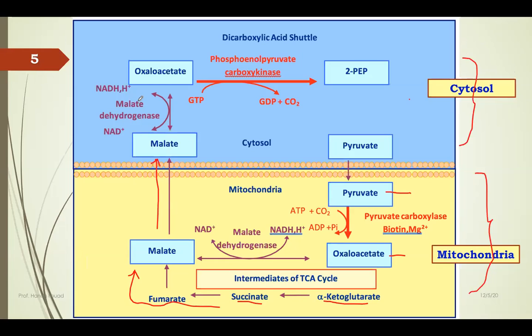And then we have another enzyme, which is also found in the citric acid cycle, called malate dehydrogenase. This enzyme removes hydrogen from malic acid, from malate, to synthesize oxaloacetate. If you study the citric acid cycle, you will find that this is the last reaction of the cycle: removing hydrogen from malate to synthesize oxaloacetate.